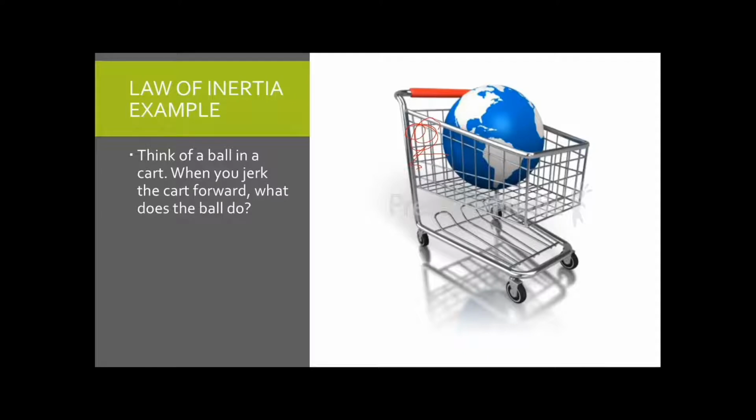So the cart moves forward, but the ball stays at the spot that it should. So that's why it hits the back. It wants to stay at rest, whereas the cart's moving forward. So these two examples explain objects in motion stay in motion, objects at rest stay at rest, unless acted upon by an outside force.